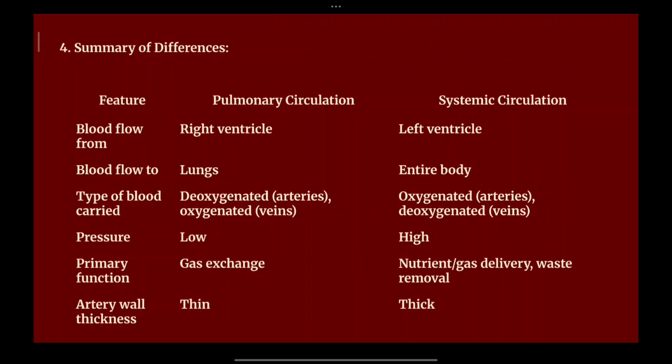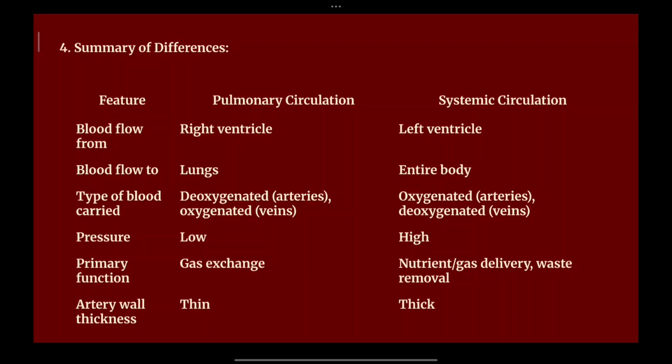Now here is the difference between the pulmonary and the systemic circulation. The blood flow is from the right ventricle in the case of pulmonary circulation, but in systemic circulation it is on the left side, which is the left ventricle. The blood flows to the lungs in pulmonary circulation, and to the entire body in systemic circulation.